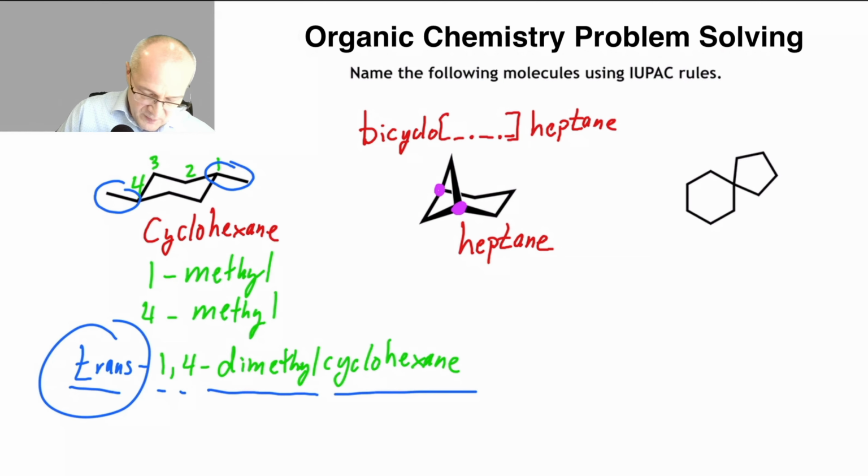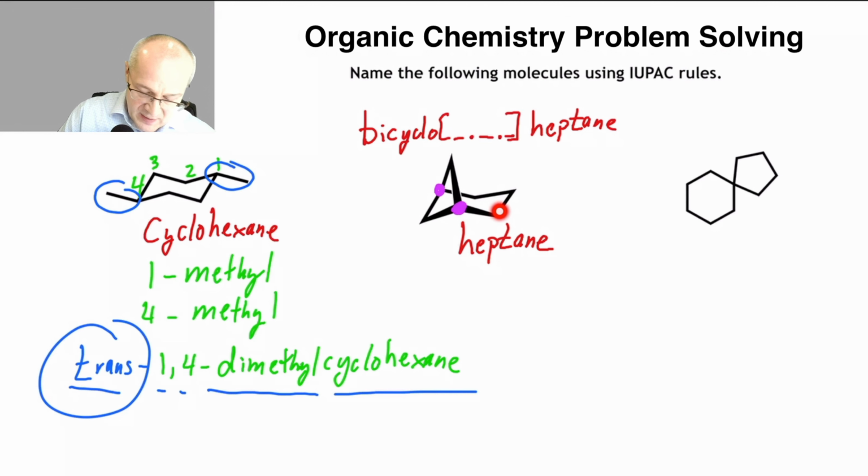So we're going to count from this bridgehead around this way back to that bridgehead. We're going to count from this bridgehead around this way to the other bridgehead. We're going to count from this bridgehead this way to the other bridgehead. We need to tell the reader how many carbons are there between this bridgehead and this bridgehead carbon. That's all we're going to do.